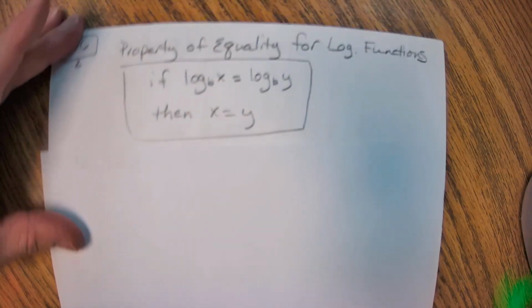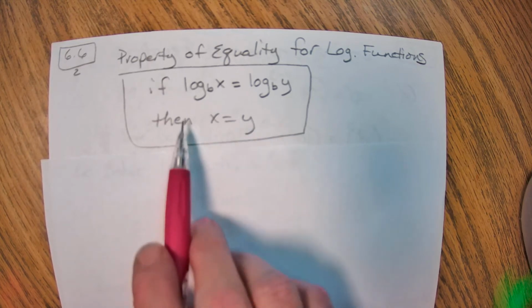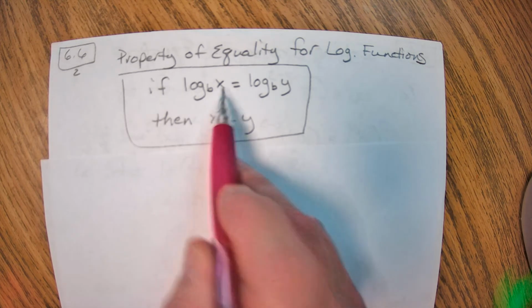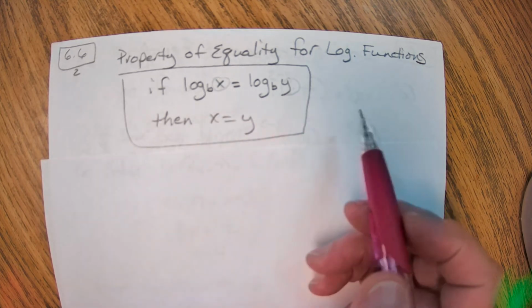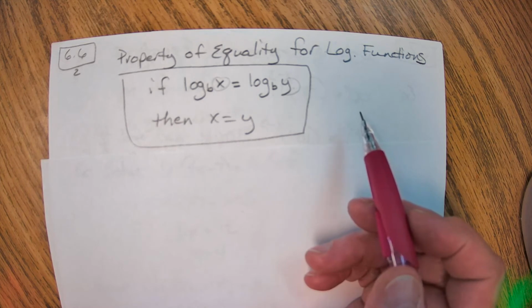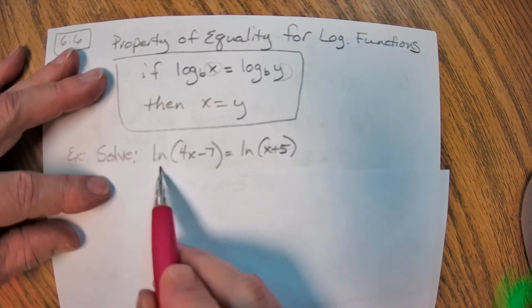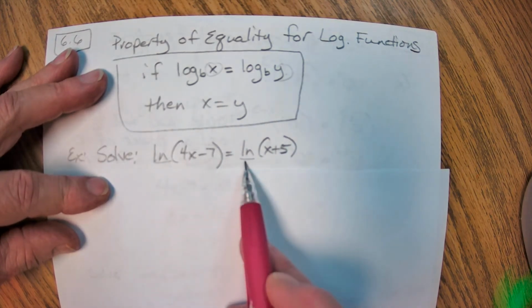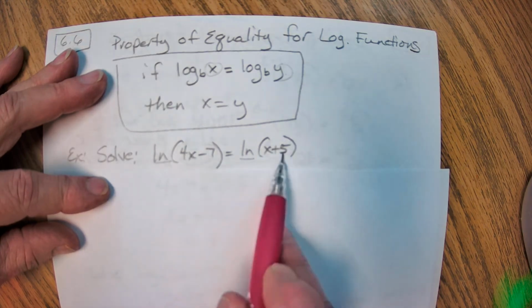Also note the property of equality for logarithmic functions. If log base b of x equals log base b of y, then this has to equal this. Makes sense, right? Then x equals y. So notice that the natural log, if the natural log of this equals the natural log of this, then this must equal this.